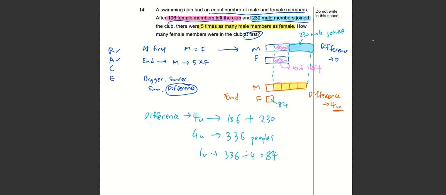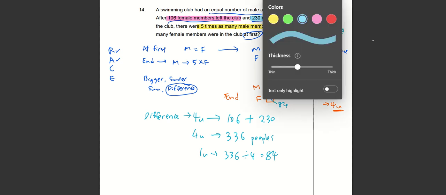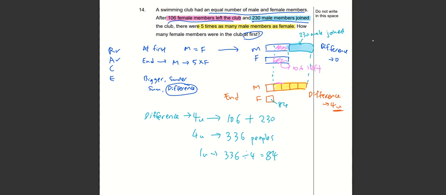Then eventually the question asks, let's look at the question here: how many female members were there at first? It's the same as asking how many males and how many females at first, because they are the same in the first place. Looking at the 84 females at the end, all I need to do is put back the females that left.